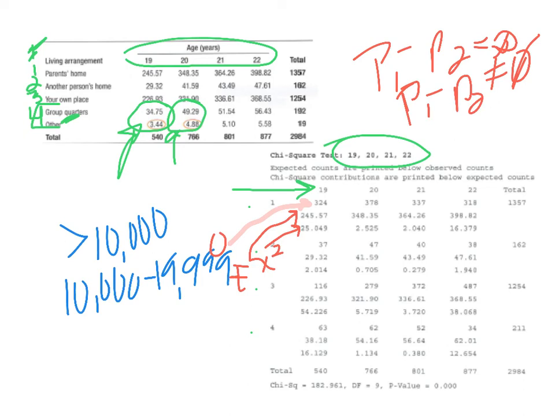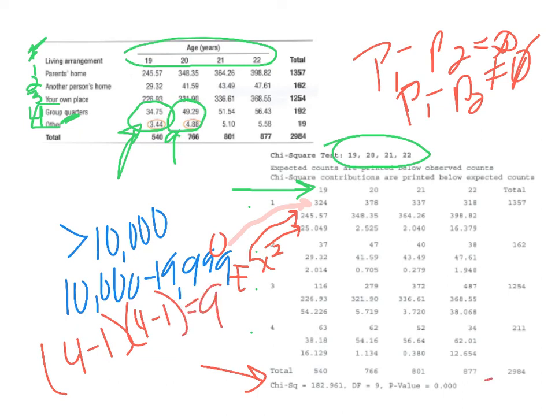Then down at the bottom, I have my summary information: my total chi-square statistic and my degrees of freedom, rows minus 1 times columns minus 1, which would give me 3 times 3 is 9. And then a p-value of basically 0. So again, look at that Minitab data so that you can interpret that on your own if that is given to you. And we are all done with chapter 11.